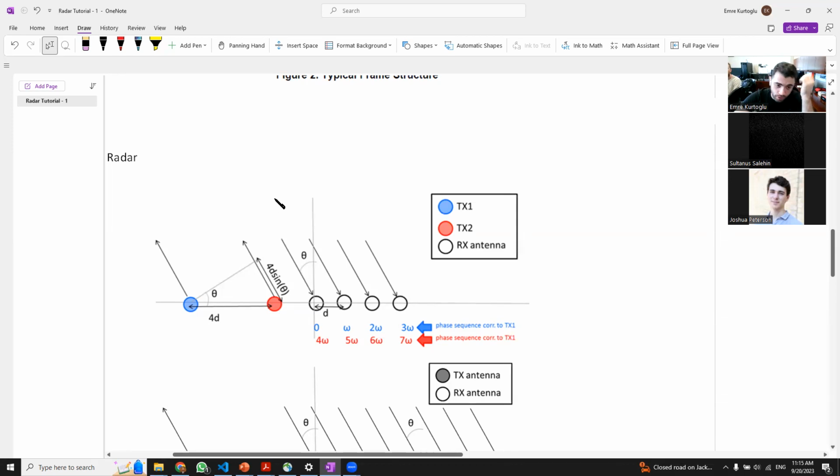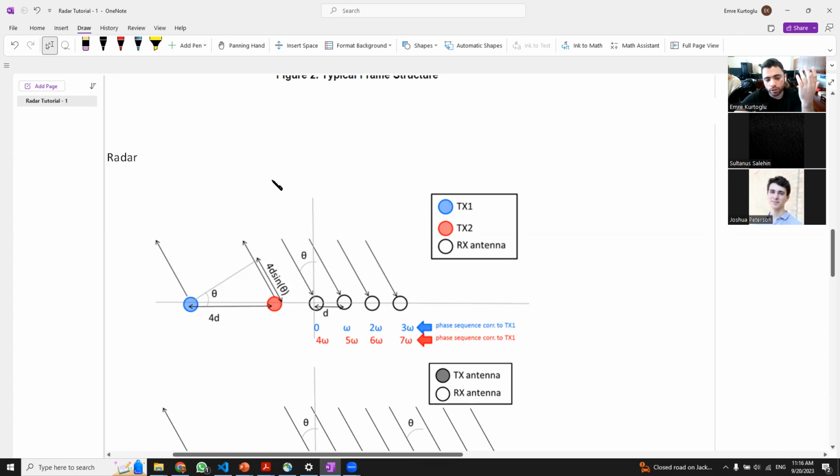It reflects a signal, and it should first hit this antenna and just a little bit later this antenna, because this one is a little bit further away. By using that flight time difference, we can extract the angle information of the target, like where it's located.